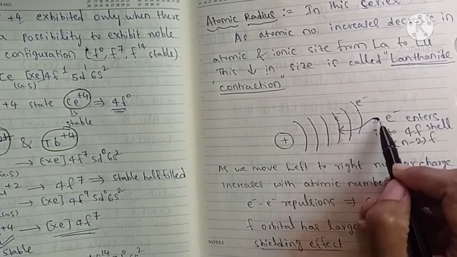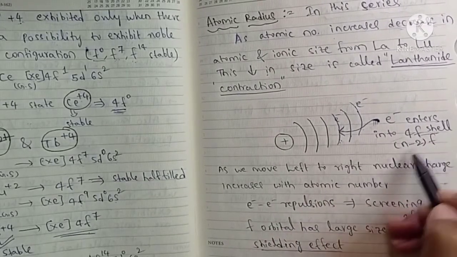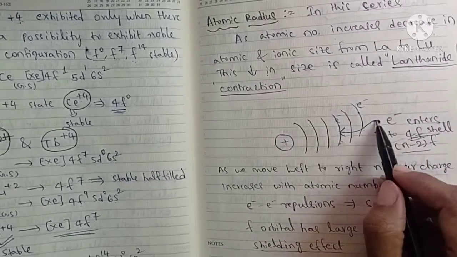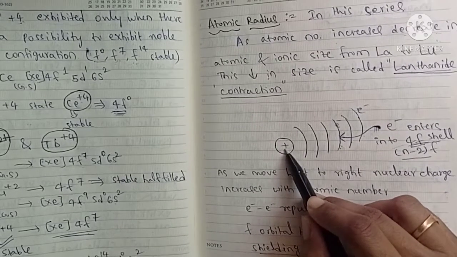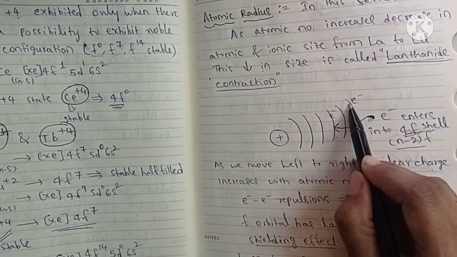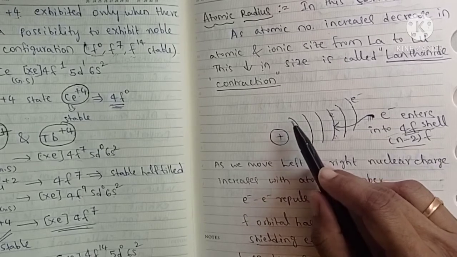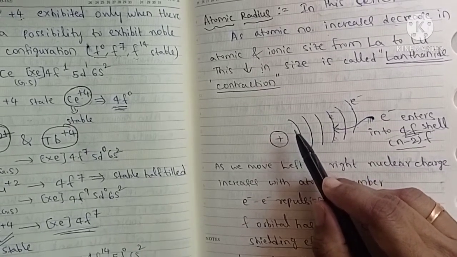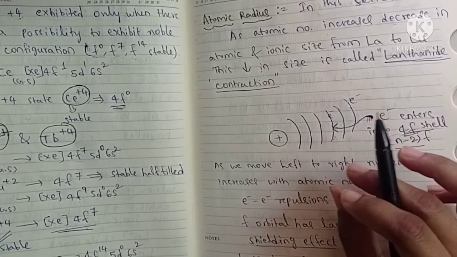So here one effect is attraction between the nucleus and outermost electrons, means nuclear charge. Nuclear charge generally increases with increase in atomic number. So this attraction leads to decrease in the size.